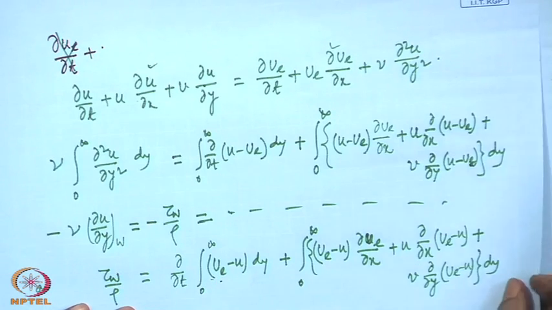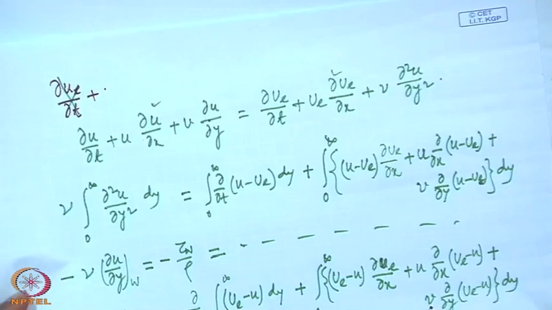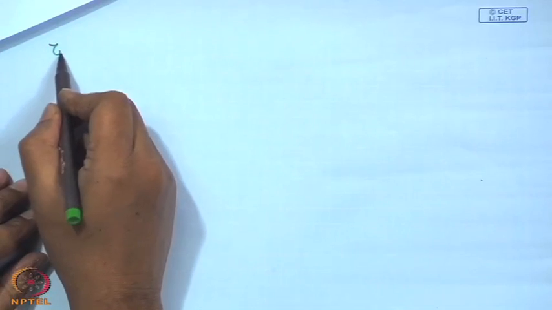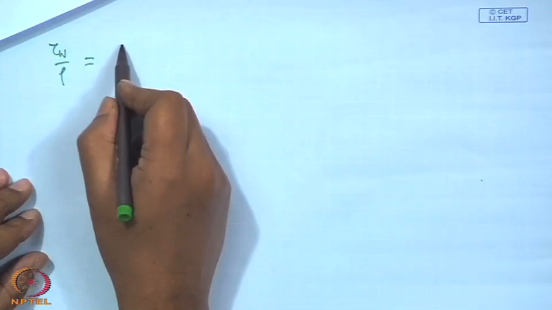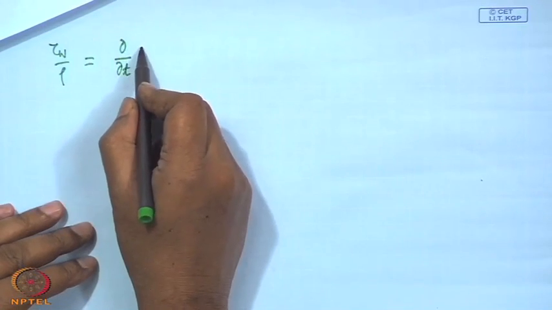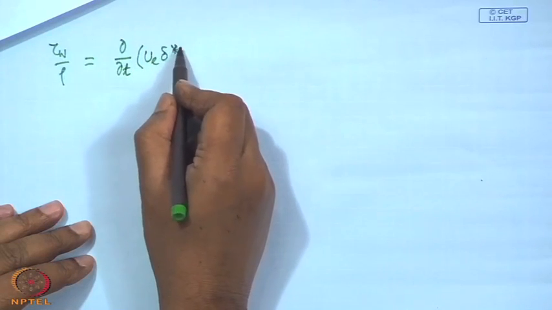Okay. Now, we have one v here in this equation, we can replace this v using the continuity equation, or say we will do that first. Let us write it once more: tau w by rho equal to d dt of u e delta star.